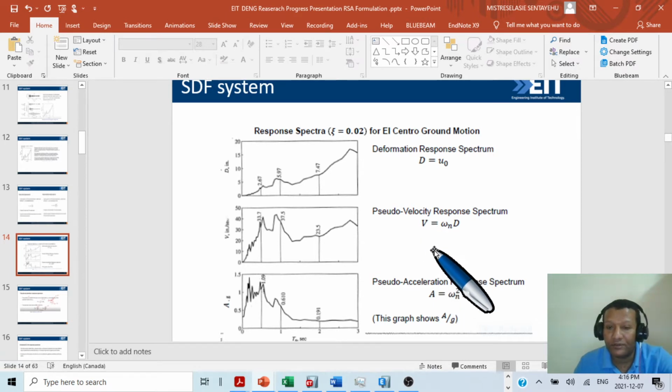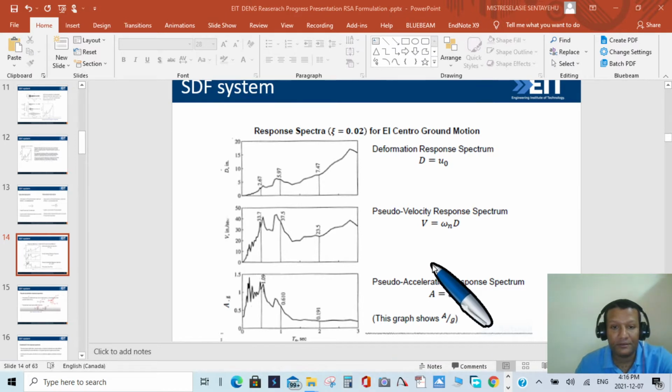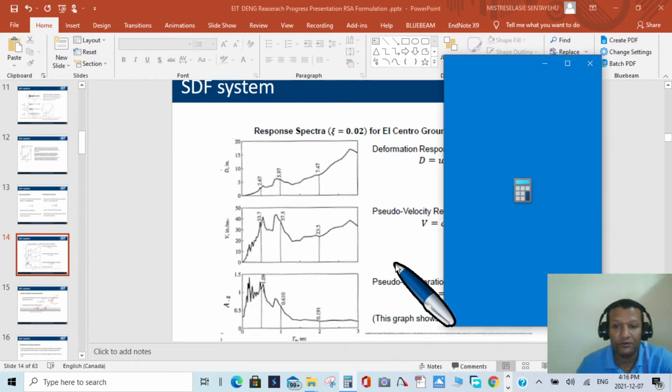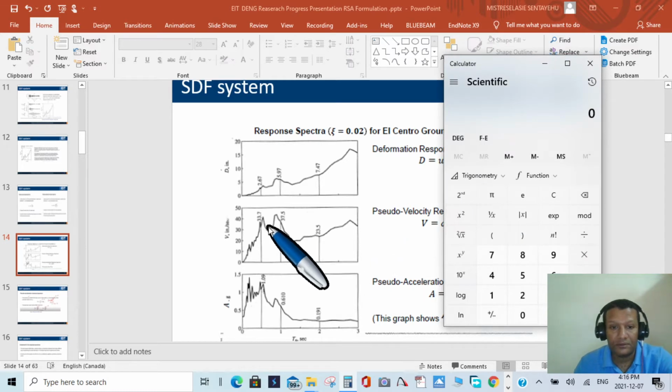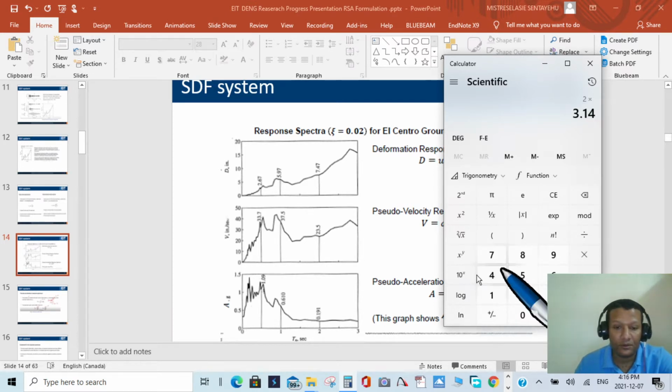Let me show you just for the sake of demonstration. This is 0.5 second. We have 0.5 second, so 2 pi, let's approximate as 6.28, over T, 0.5, times 2.